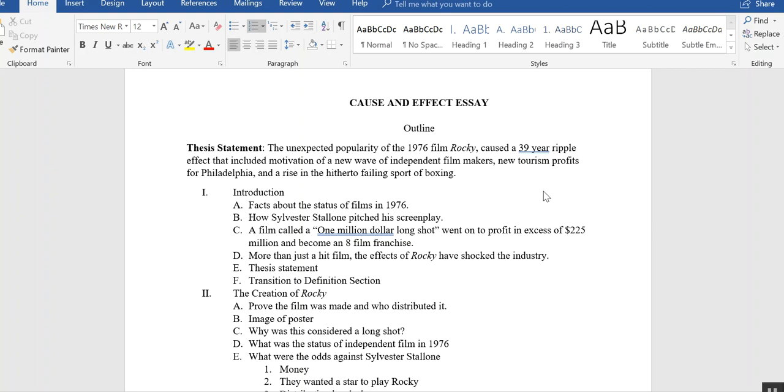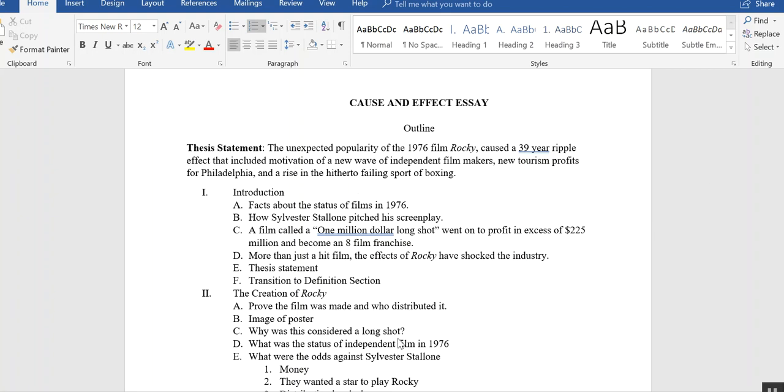So, I have indicated in my thesis statement that we are going to be discussing Rocky and the unexpected popularity of the film, which we're going to have to prove, and the ripple effect, that is the effect of this film, and that effect we're going to discuss in 3 parts. A motivation for new filmmakers, new tourism, and a rise in popularity for the sport of boxing.